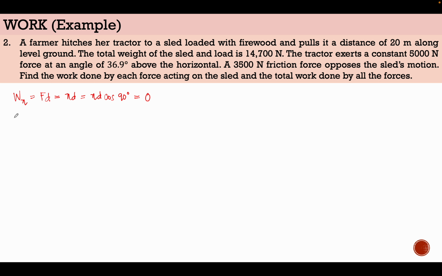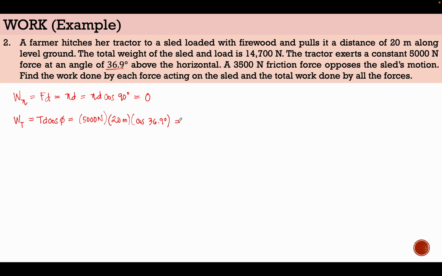So we proceed with the work done by the tension force. So we have again tension force times the distance times the cosine of the angle phi. So the tension force here is 5,000 newtons times the distance, which is 20 meters, times the cosine of the angle 36.9 degrees.